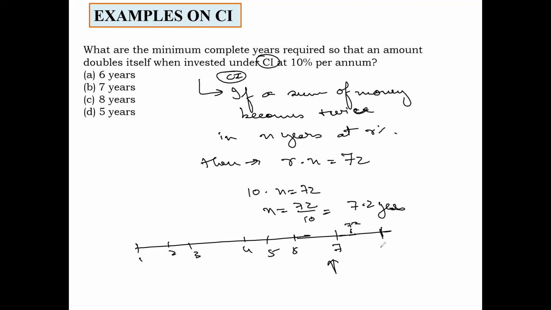So what is the minimum years required? So I'm sure that I will have double the money. For example, if I'm starting from 100 rupees, it becomes 200 at this point. Here it would have been 190 something. And therefore, to have money which is at least double, I will have to wait the entire year. I'll have to wait for 8 years, and 8 becomes the answer here.